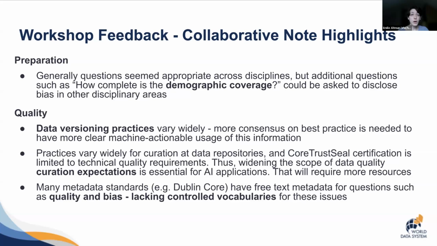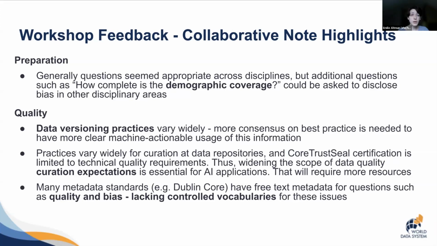Similarly, curation practices also vary widely, and we don't have a very good metric for them. There are certifications such as CoreTrustSeal, but they focus more on technical quality rather than data quality requirements. And so we need to widen the scope of curation expectations to include data quality, but this does require a lot of work and resources.